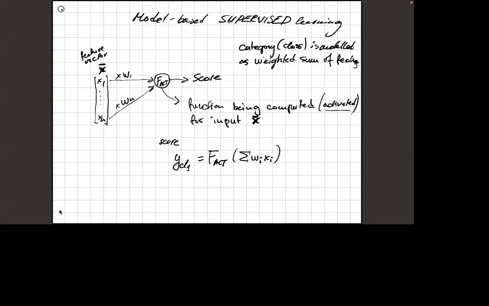But now we want to somehow choose the weights of the feature vectors that make the score for a given category higher than for other categories. In a way, the score will be improved by correcting errors.